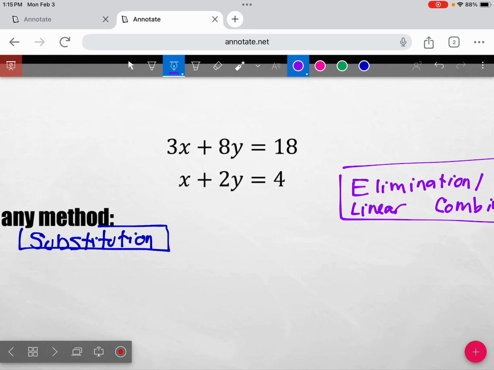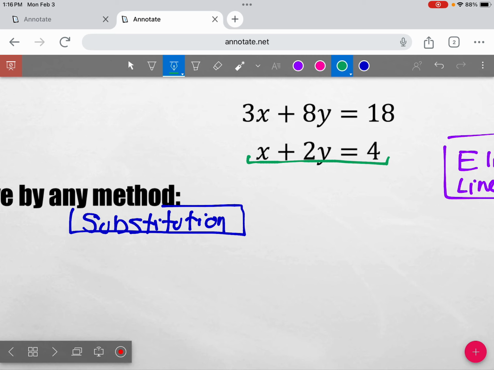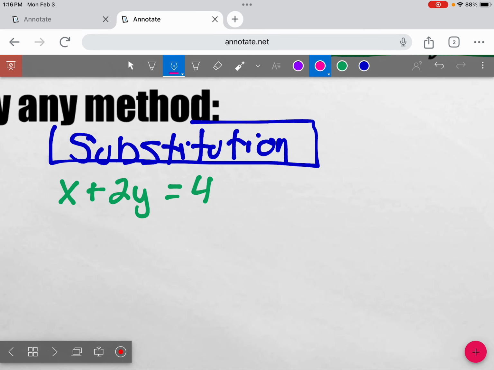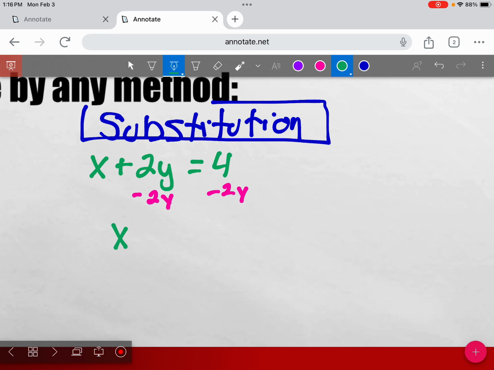So if we look at the second equation, and I aim to get an x equals, if I take my x plus 2y equals 4, and then to get my x by itself, we subtract 2y from both sides. We're going to get that x equals 4 minus 2y, or you can put minus 2y plus 4.